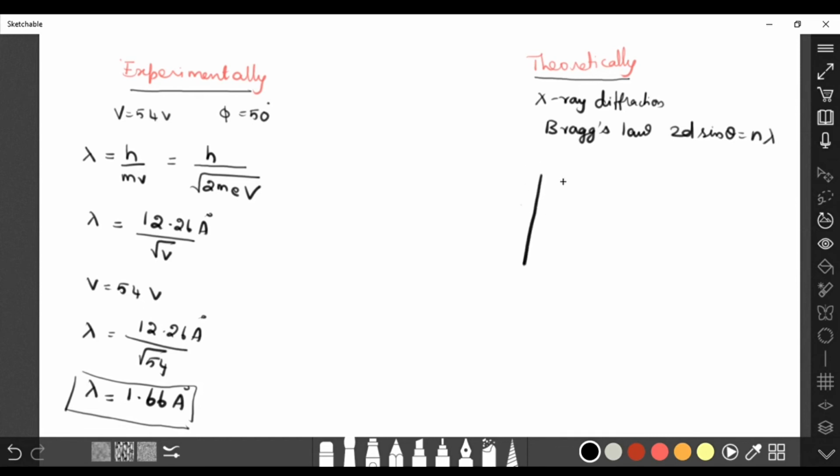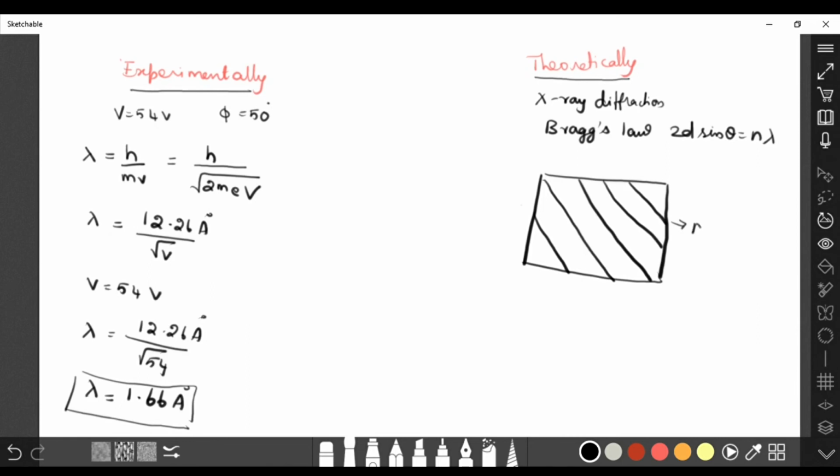Now listen, this is the nickel crystal. In the nickel crystal, we have a lot of crystal planes. These are the crystal planes, the lattice planes.